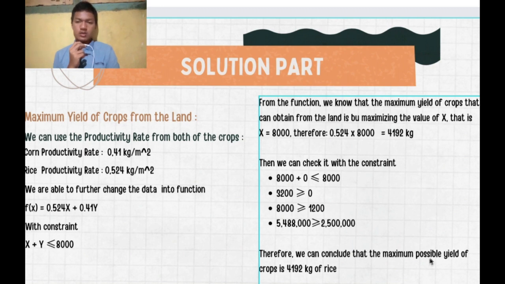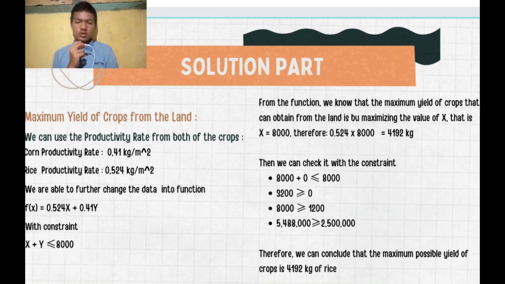From the function, we know that the maximum yield of crops that can be obtained from the land is by maximizing the value of x, that is, x equals 8,000. Therefore, productivity rate of rice times 8,000 equals 4,192 kilograms.